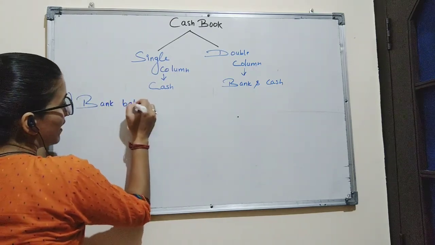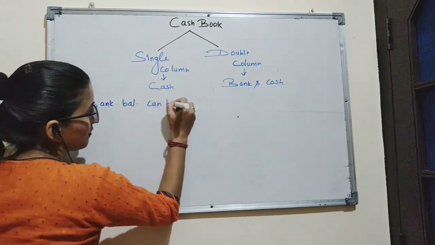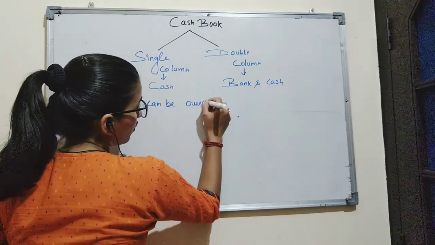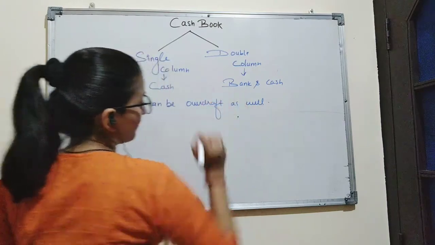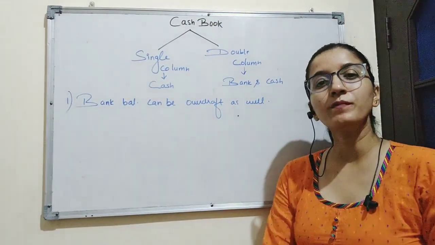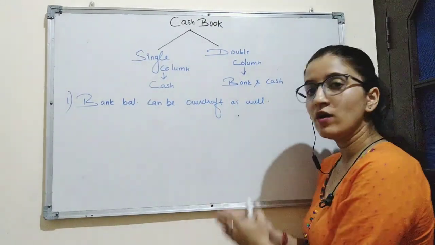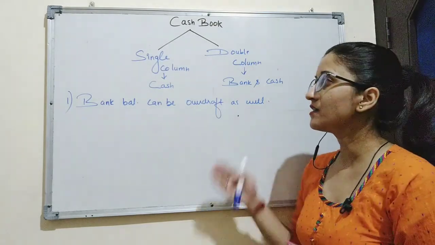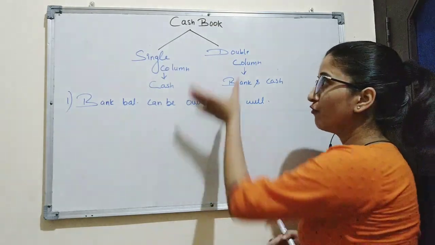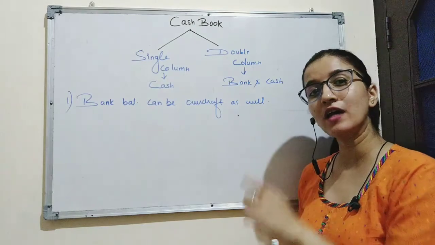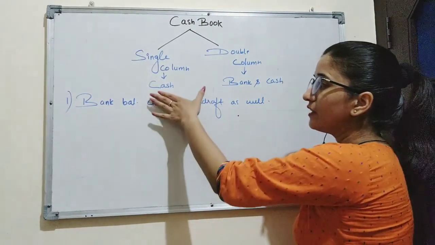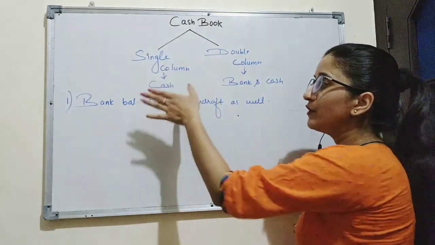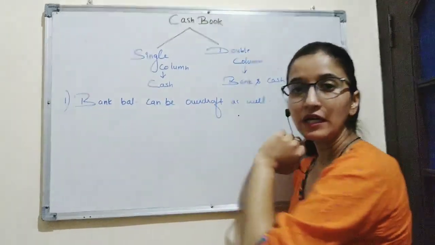Bank balance can be overdraft as well. See, we have studied that opening balance means whatever amount the businessman has at the beginning of the period of maintaining the cash book. So in single column cash book, when there was an opening balance for cash, we used to write that amount on the debit side.